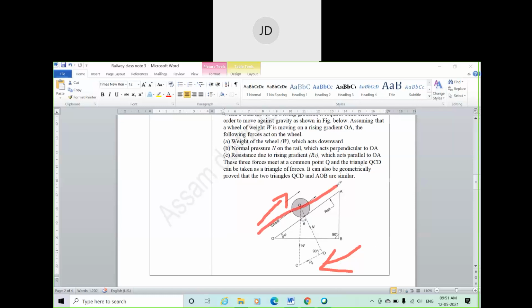But when it comes to a declining gradient, this component of W becomes an additional force in the direction of motion. That means it will act as a driving force on a declining gradient, but in the case of a rising gradient, it gives resistance. Fine, it is a basic thing.